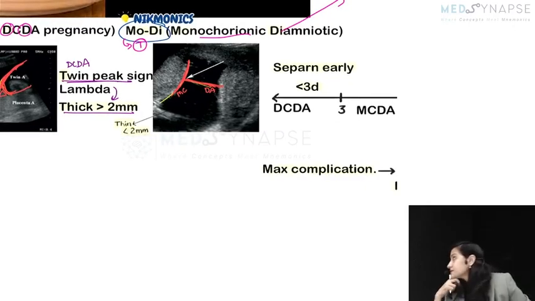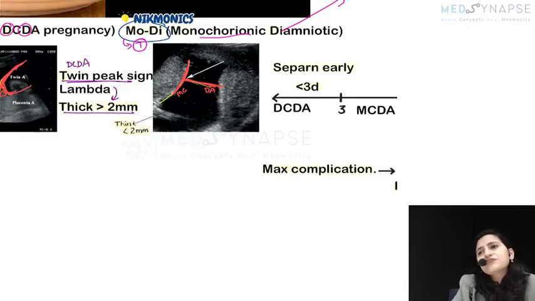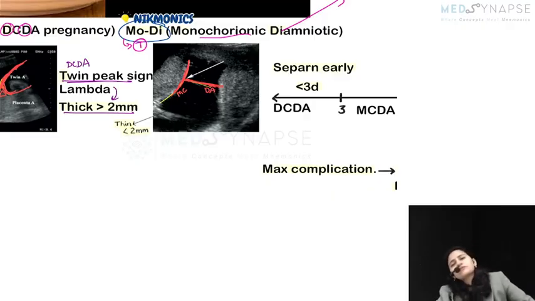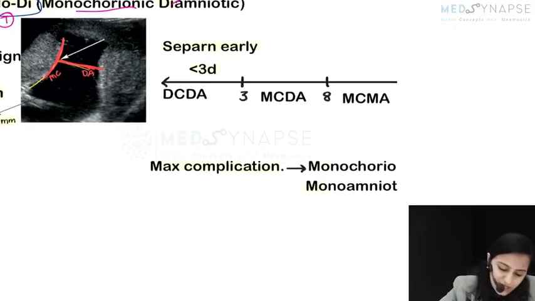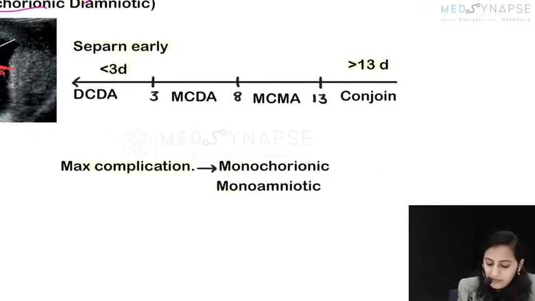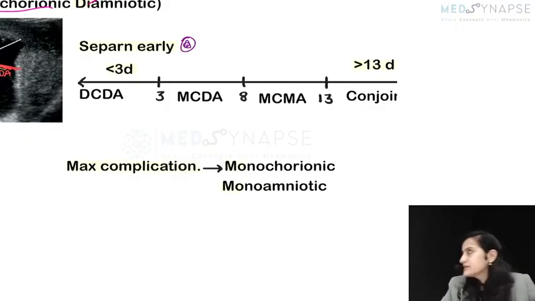So if you see the lambda sign, that means the separation had occurred at what days? Less than 3, 3 to 8, 8 to 13, more than 13. कितने days पे हुआ था zygote बनने के बाद? Less than 3 days. So remember, this is important. Separation is seen at what duration in what twin pregnancy.